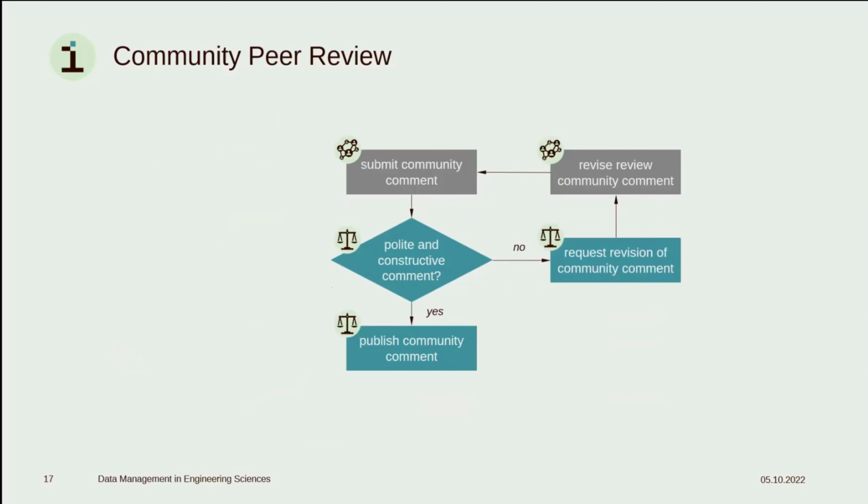There's one more side note that I would like to mention here, and this is the community comments, and they work in the same iterative way as the review and author comments, of course. And this is what I indicated earlier by saying all editors have to moderate the review process for the submissions.